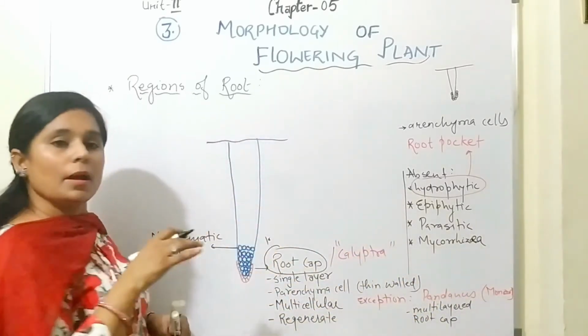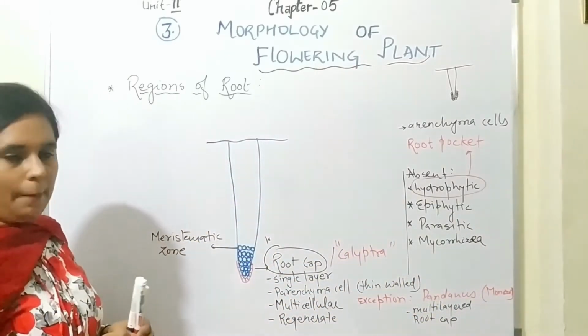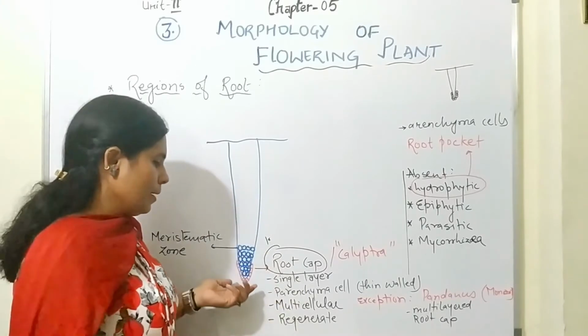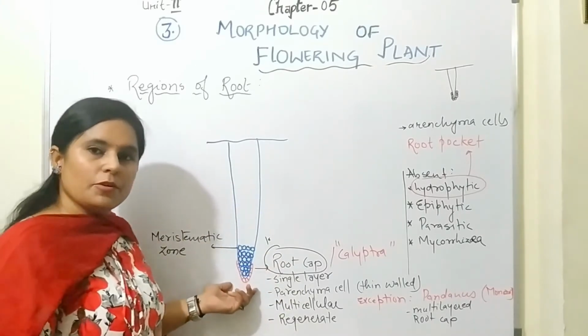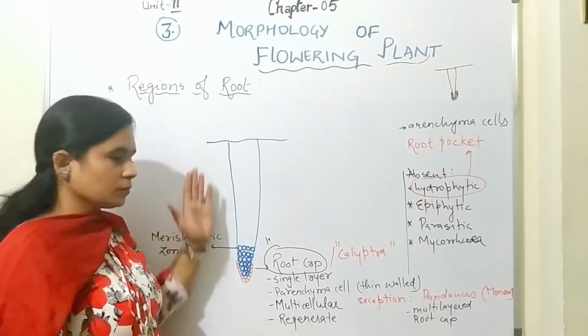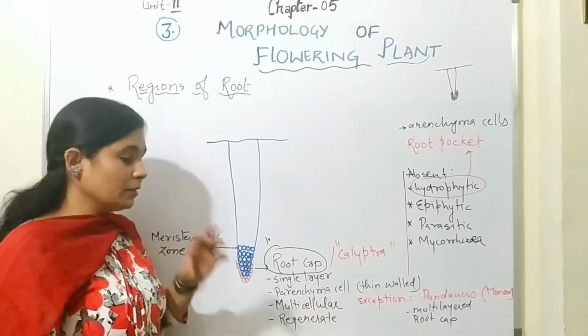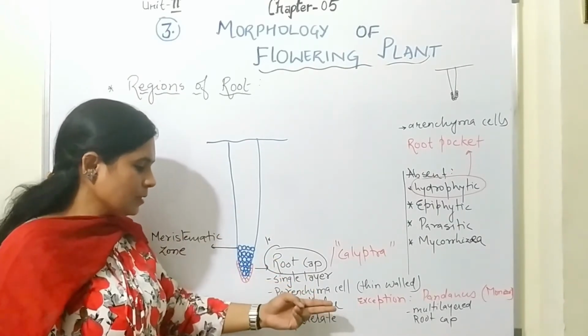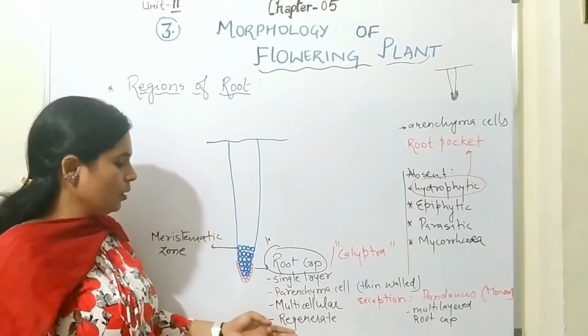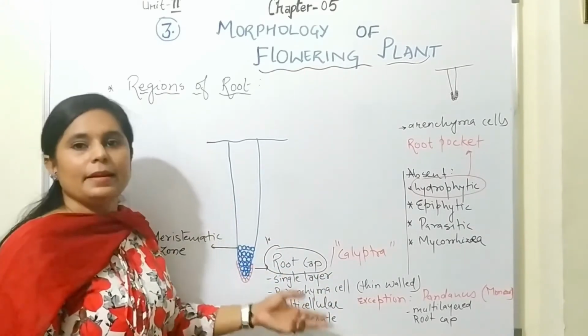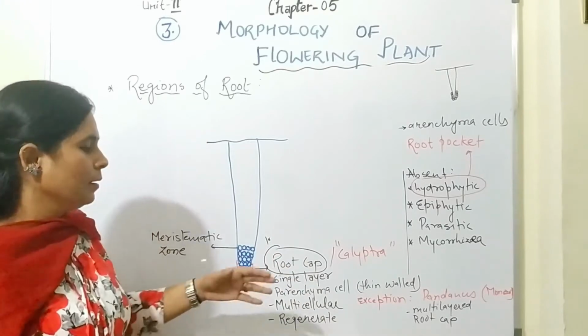These are some important facts about the root cap. So, root cap is the lowermost region of the root. It is a single layer made up of thin-walled parenchyma cells, that is multicellular. They can regenerate if some damage occurs.